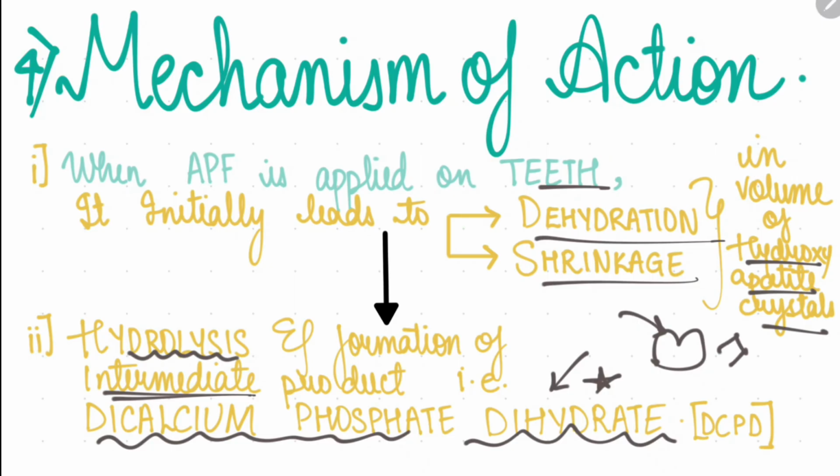Now the hydroxyapatite crystals are undergoing shrinkage. They are becoming small. Earlier their size was huge. They are undergoing dehydration and they are shrinking. Due to this, an intermediate product is formed, which is called dicalcium phosphate dihydrate. Short form, it is DCPD.